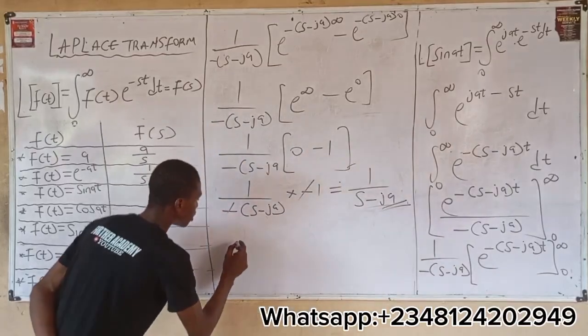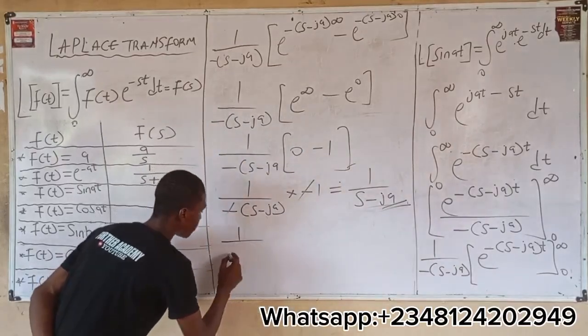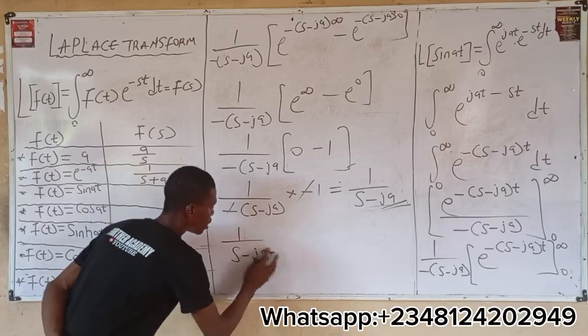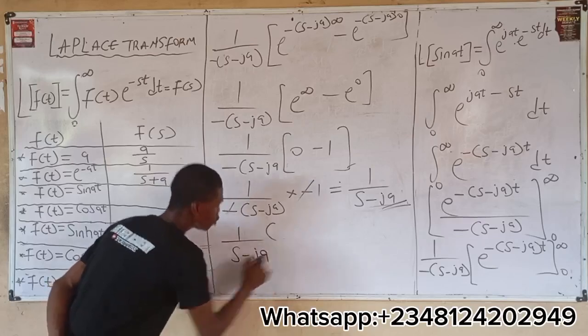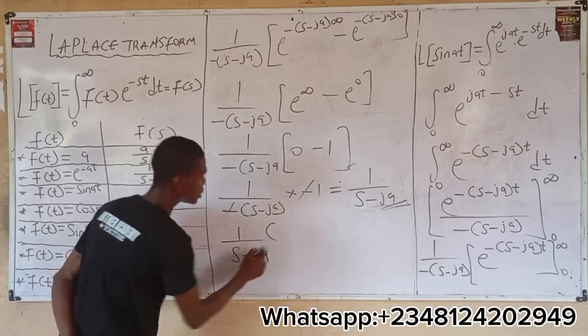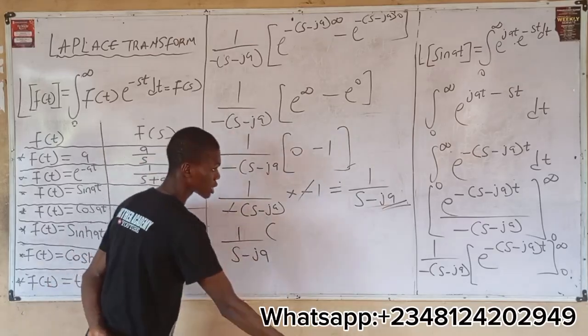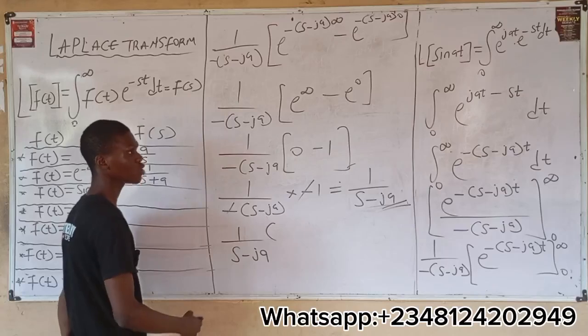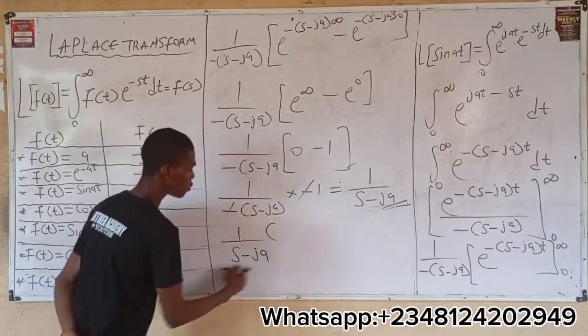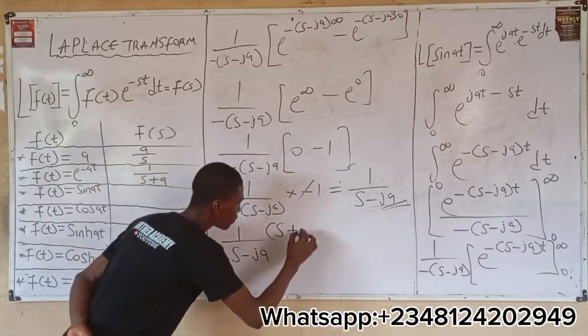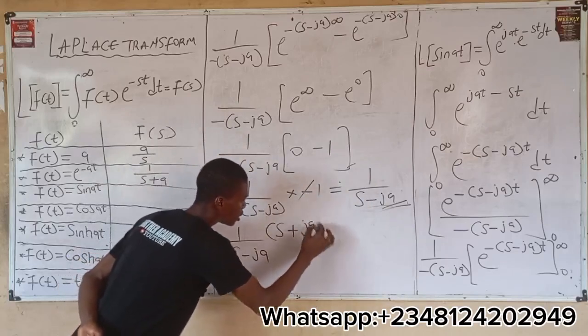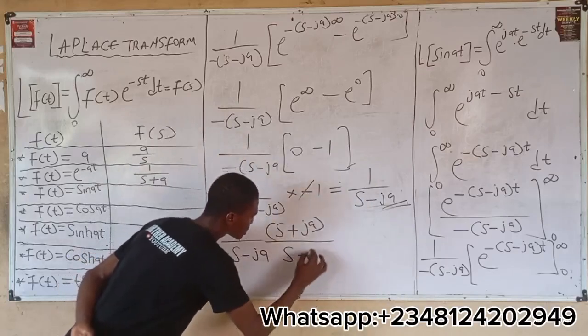I have 1 all divided by x minus ja multiplying the conjugate of the denominator. The conjugate of negative becomes plus; if it was positive, the conjugate becomes negative. So by doing that, I have x plus ja all divided by x plus ja.